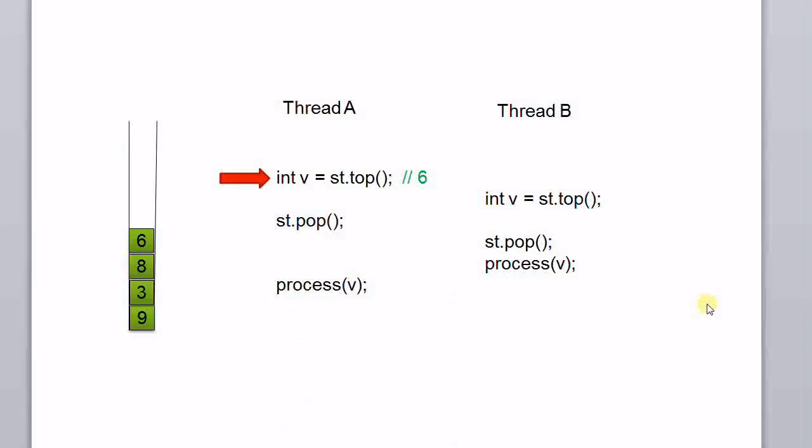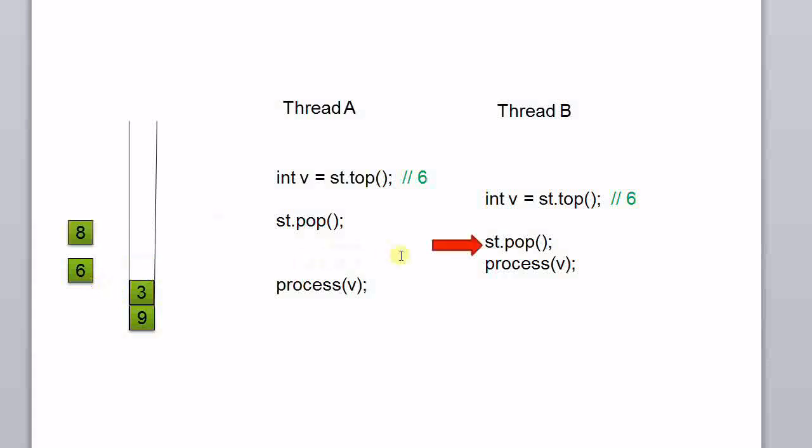Let's consider the case that we have two threads, thread A and thread B, and we have a stack that contains 6, 8, 3, 9. Thread A executes first, so it calls the function top and returns the data 6. Then thread B calls the function top and returns 6 also. Then thread A calls pop, so 6 is popped out of the stack.